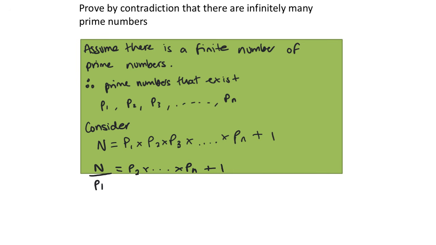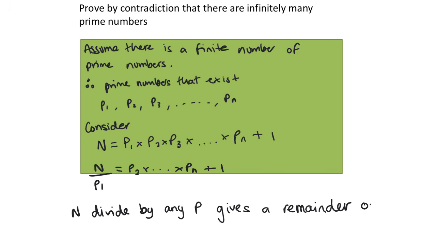So this means n divided by P1 is going to give me a remainder of 1. So n divided by any P gives a remainder of 1. This is true for all cases.